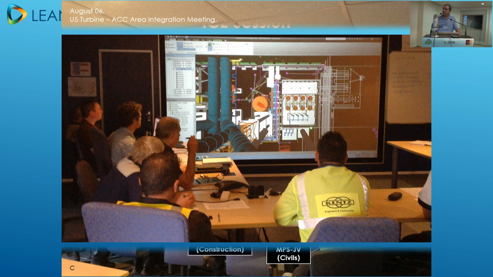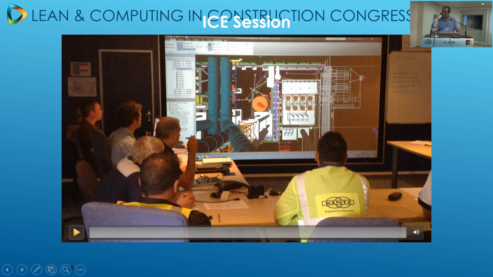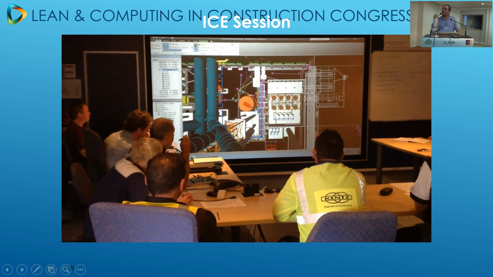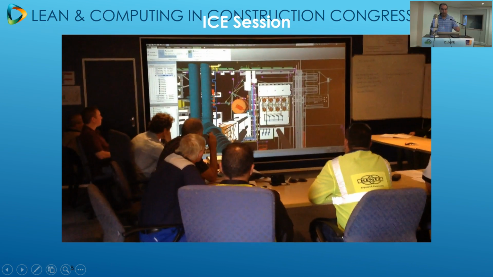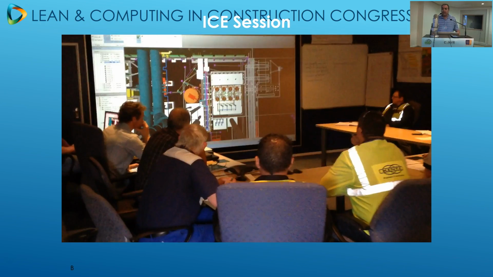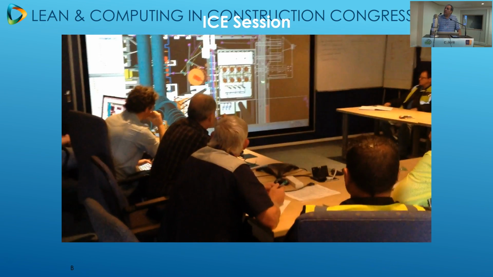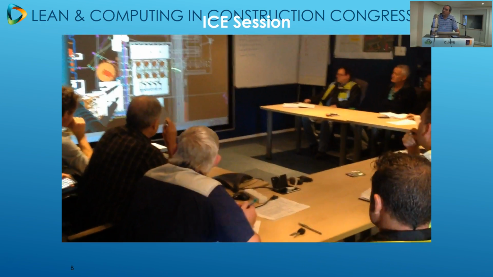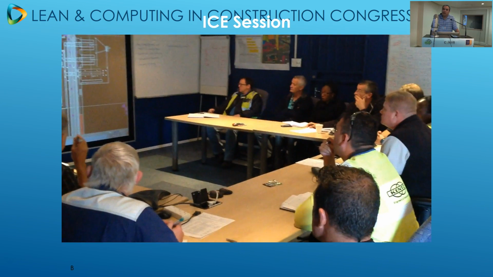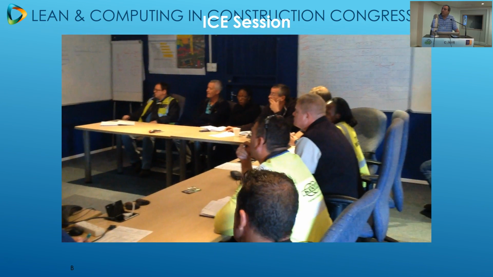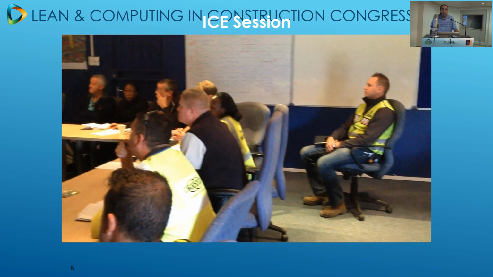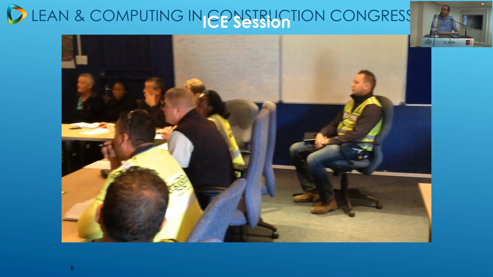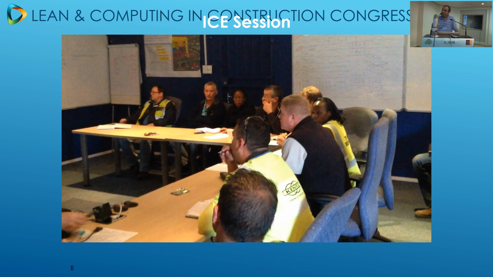The model started to be used intensively. This is a 15 seconds video of one of the sessions. And you can see that now nobody is bothered or sleeping, and they are all concentrated on the model and discussing whatever the purpose of the meeting was, even the guy behind.